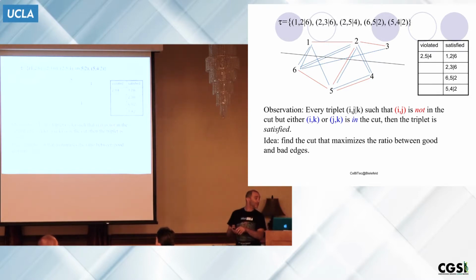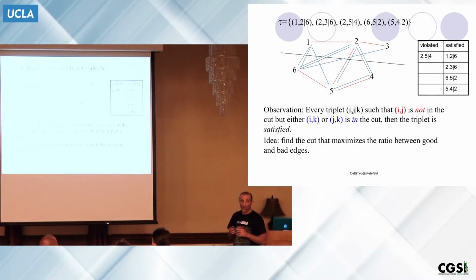Yeah, please, go on. Once you cut a bad edge, it doesn't really help you to cut the associated good edges, right? Is that true? Once I cut a bad edge, I must... To be able to satisfy that triplet anymore, once you cut that bad edge, cutting its good edges doesn't actually get you anything. When I cut good edges, I satisfy some triplet.